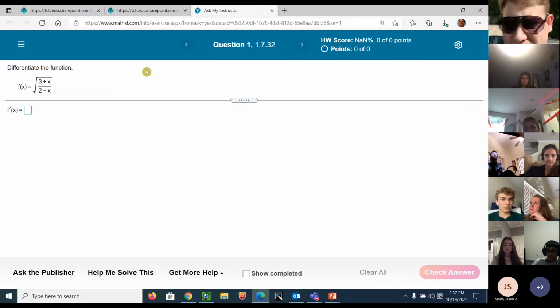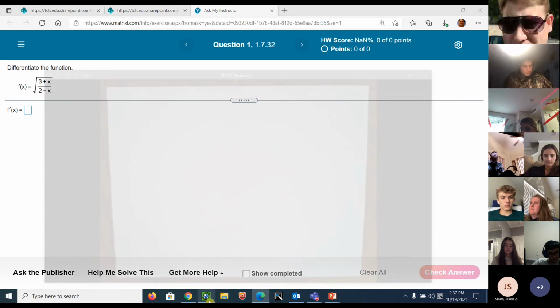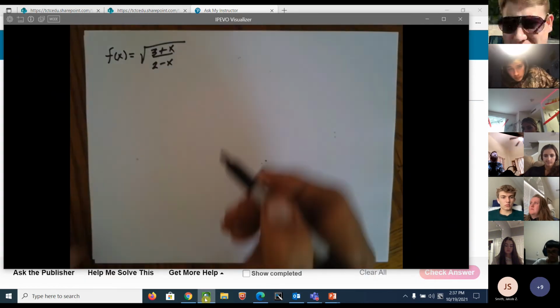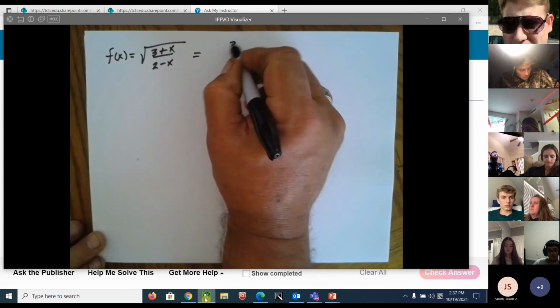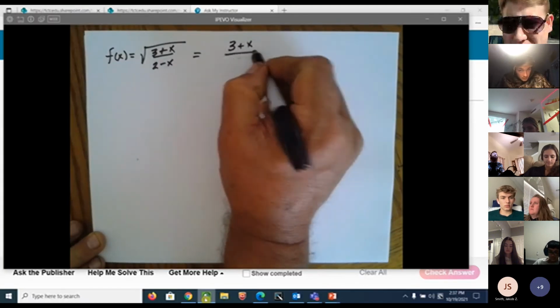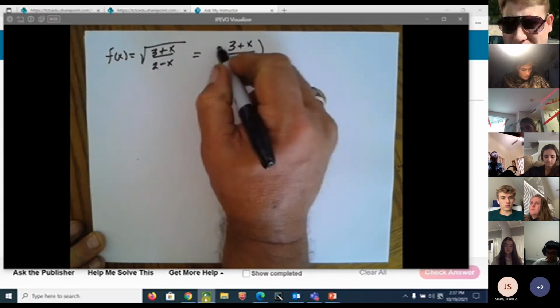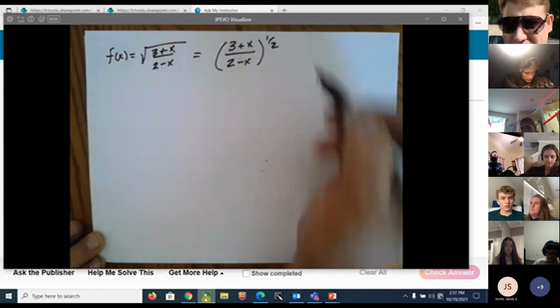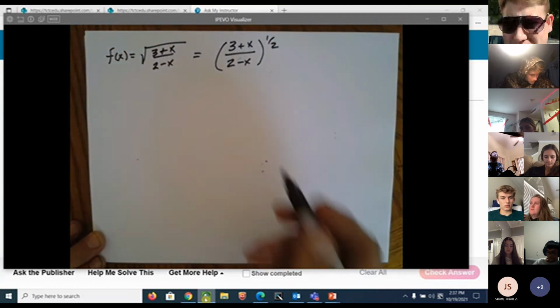So here's the function f of x is equal to the square root of 3 plus x over 2 minus x. And that's going to be 3 plus x over 2 minus x to the 1/2 power.